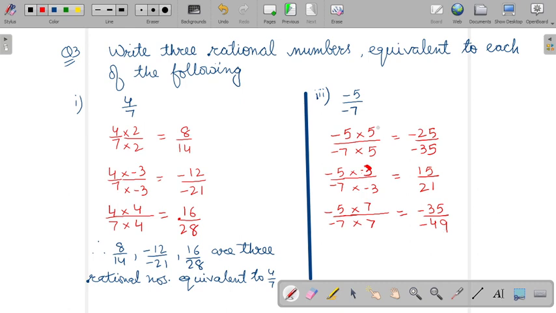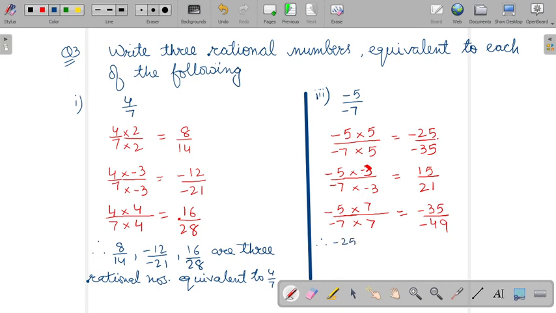So as I have taken these three integers over here, I am getting these three equivalent rational numbers. Might be you will get a different answer if you take different integers over here.